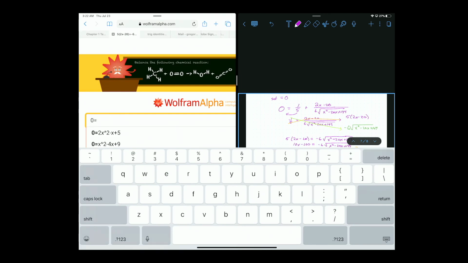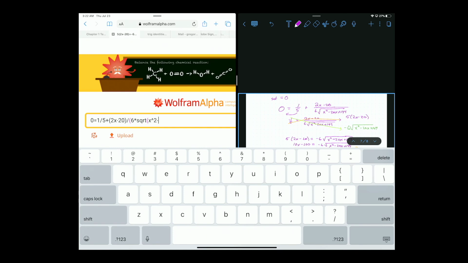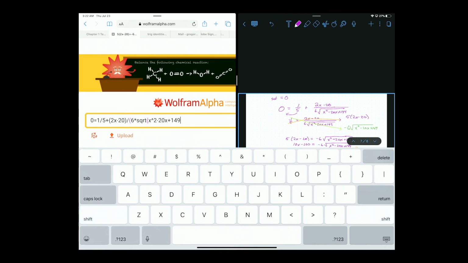Zero equals, let's just take it to the first equation we had. 1/5 plus, we had a fraction, parentheses, (2x minus 20) divided by, and it was 6 times, and there was a square root, and I had x squared minus 20x plus 149.